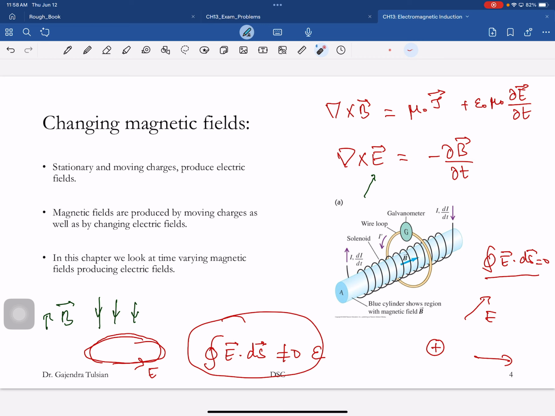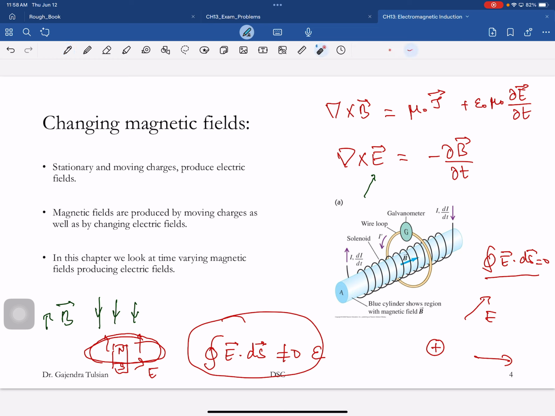What is a loop of current? Electromagnet? It's very good. It's an electromagnet. So what is this beast acting like? It's acting like a magnet. Which way is it producing a field? Coming out of the center. Yeah, in the upward direction.